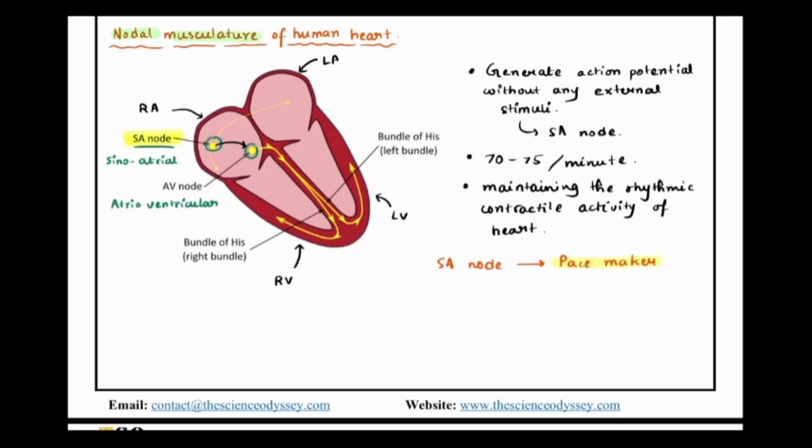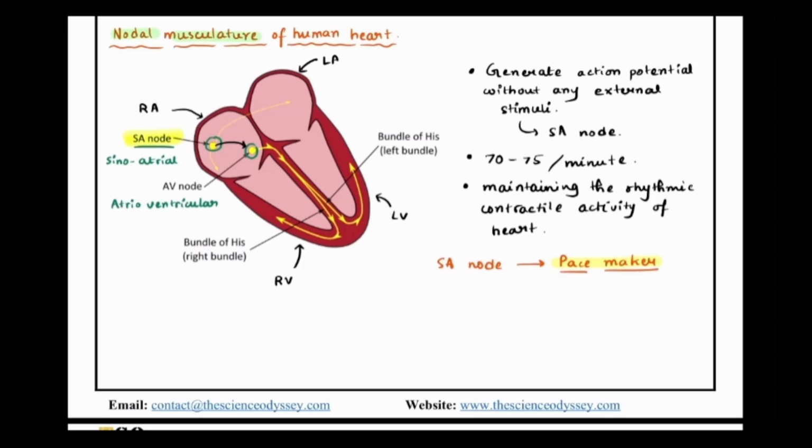That is when the SA node stops working properly, and an artificial pacemaker has to be put into the heart, which sort of pumps blood to and from the heart. So that is why the surgery is required. So the SA node is called the pacemaker.